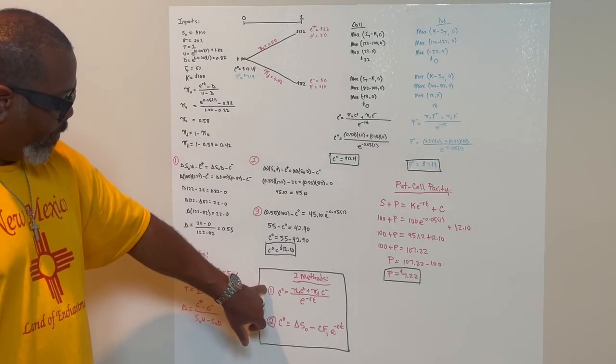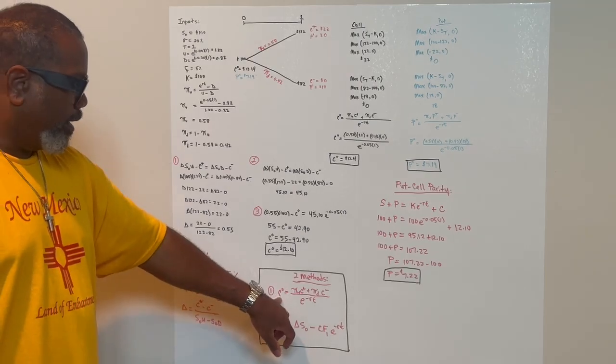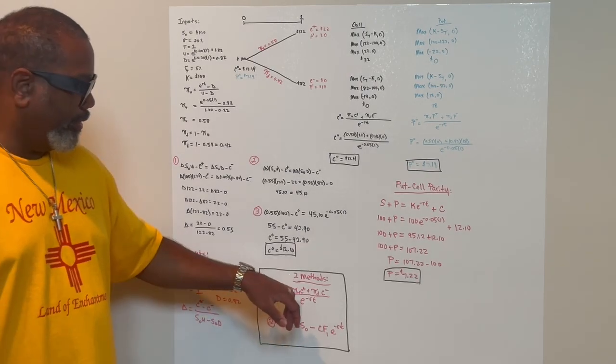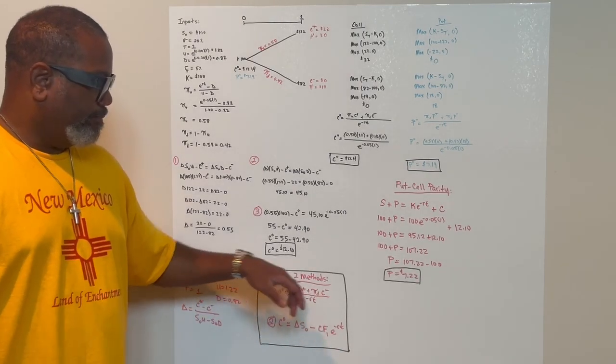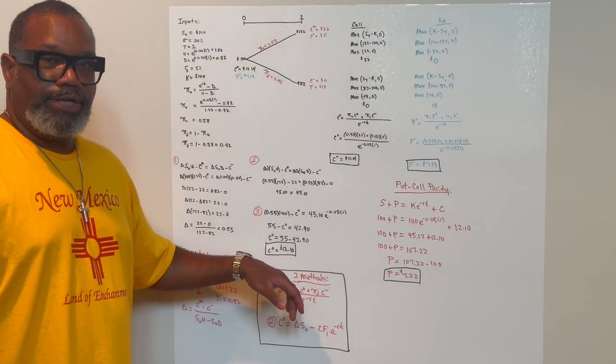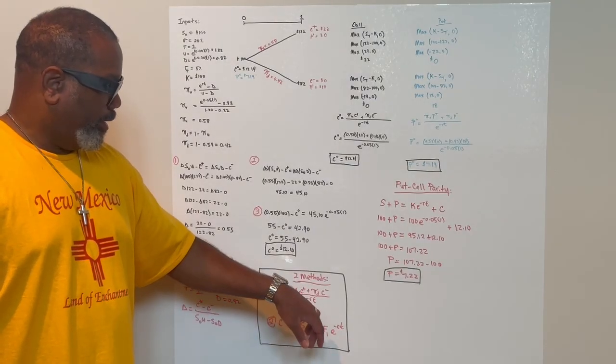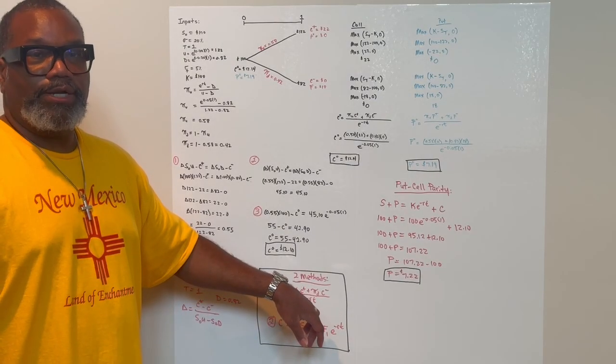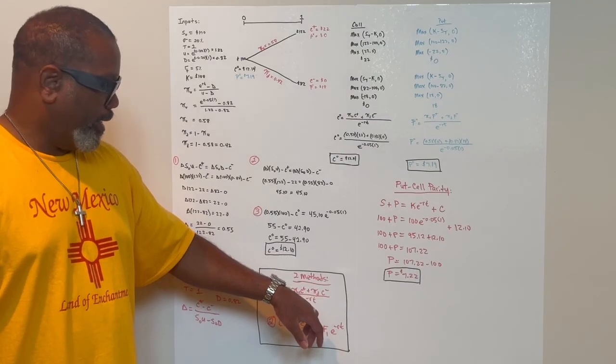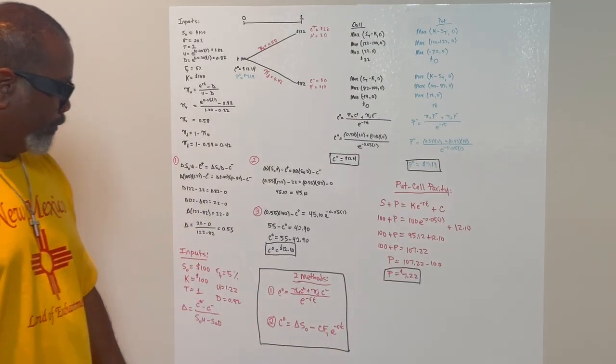So method number one is the value of the call option today is just going to be the expected payoff of the call option 1 year from now, discounted 1 year at the risk-free rate, and that will give you the value of the call option.